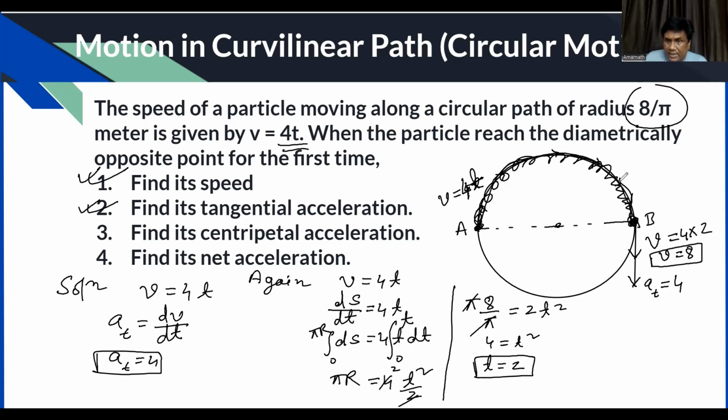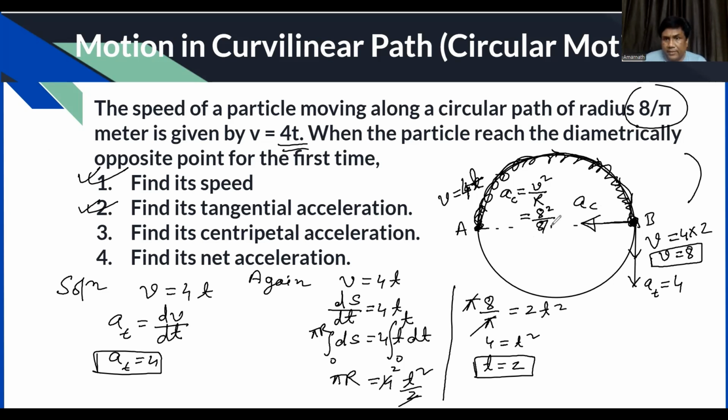Now I need centripetal acceleration. You see, the curve is this way. This is the curve. So centripetal acceleration AC is always towards the center. But I know that AC is always speed squared by radius. In this question, I got the speed 8. So 8 square divided by radius.